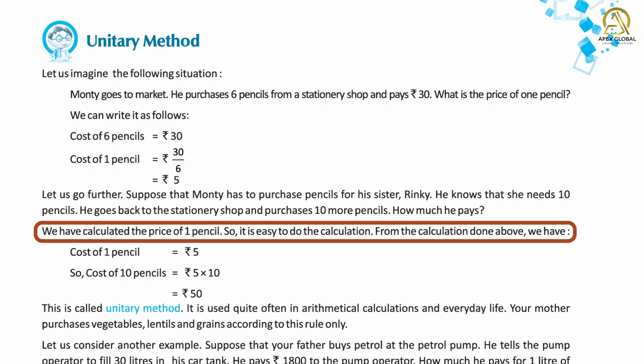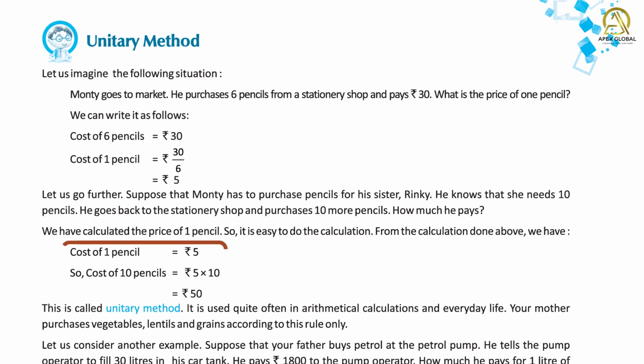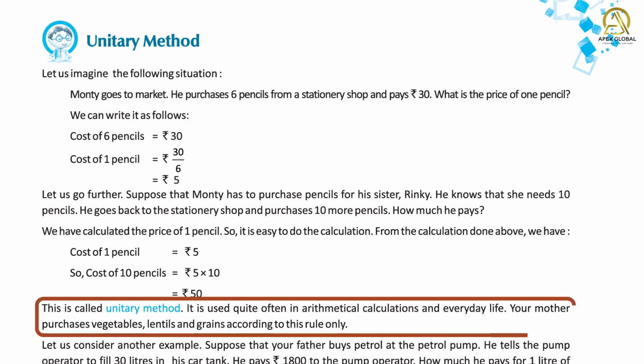From the calculation done above, we have cost of 1 pencil equals rupees 5. So, cost of 10 pencils equals rupees 5 into 10 equals rupees 50. This is called unitary method. It is used quite often in arithmetical calculations and everyday life. Your mother purchases vegetables, lentils and grains according to this rule only.